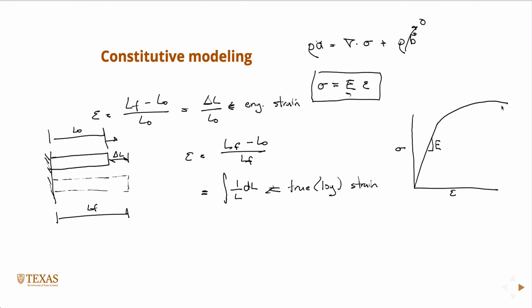But most materials, as you continue to deform them, have this nonlinear region, or sometimes you'll hear it called plasticity or inelasticity, okay? And the reason it's important to label your strain is that for very large strains, this difference can be quite large.